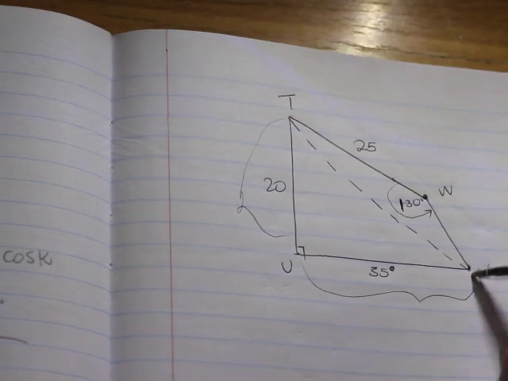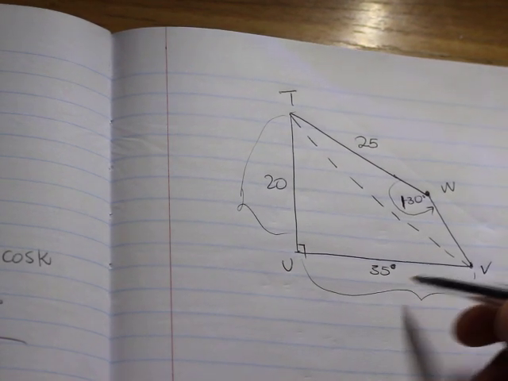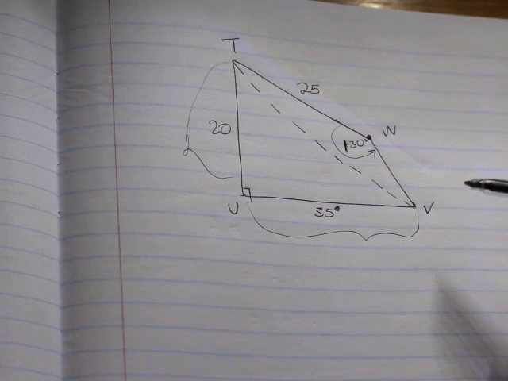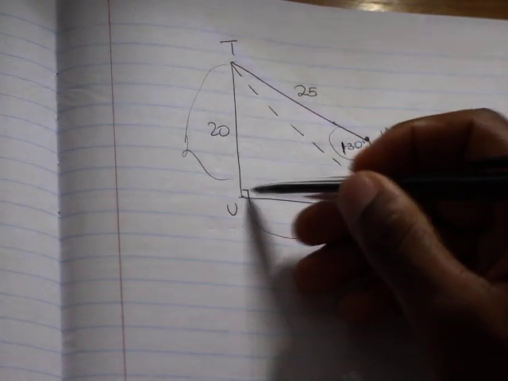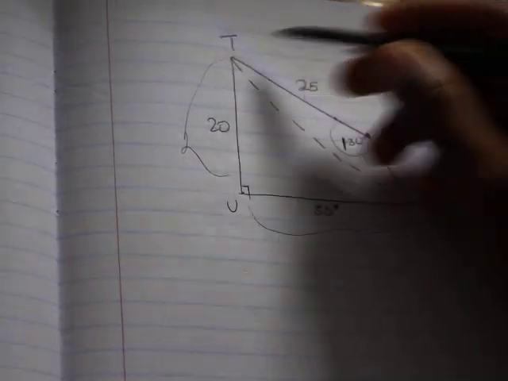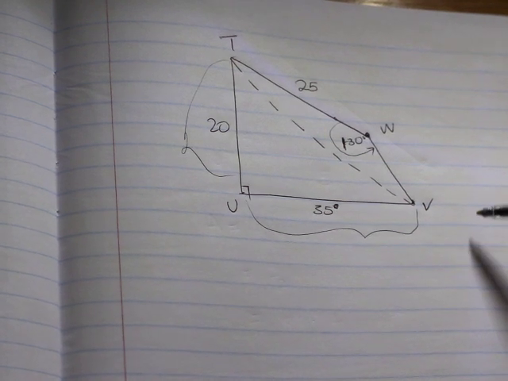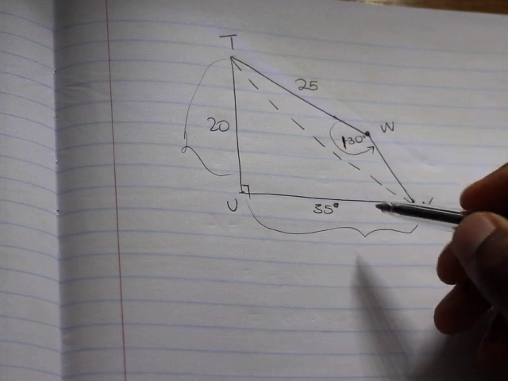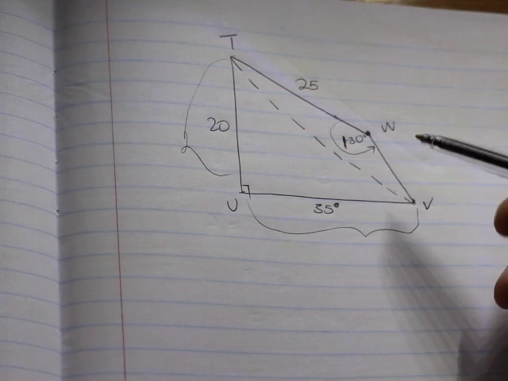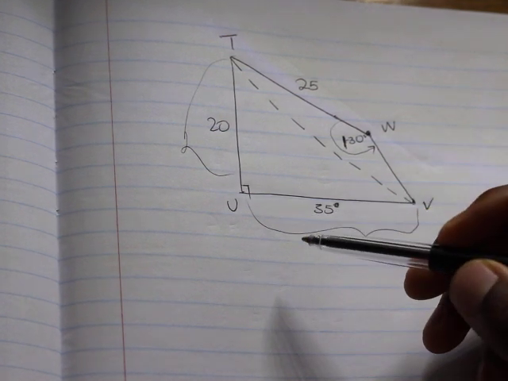Even this side is also given, that is 35 units. And because there's a right angle over there, we can find TV easily. Understand? The length of TV, you can find it easily because that's just the hypotenuse of the triangle TVU.